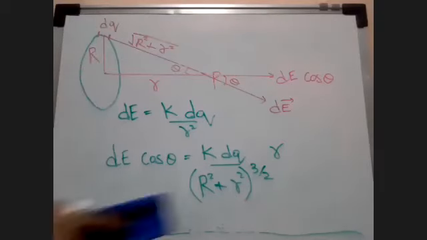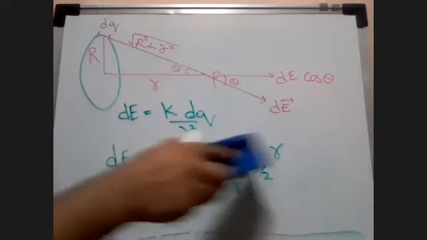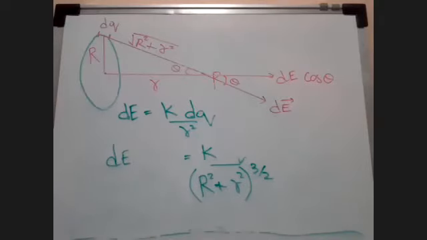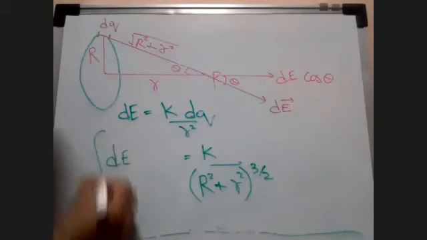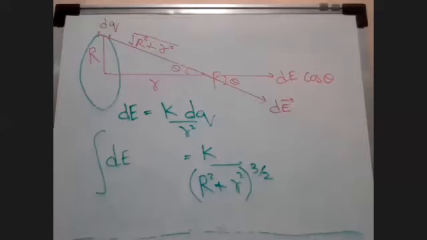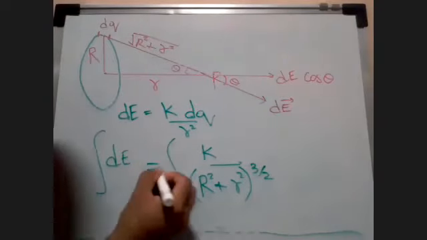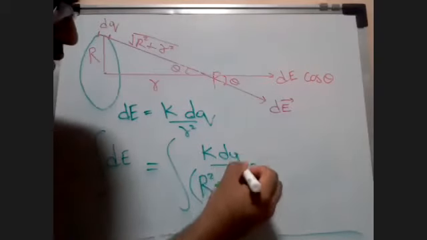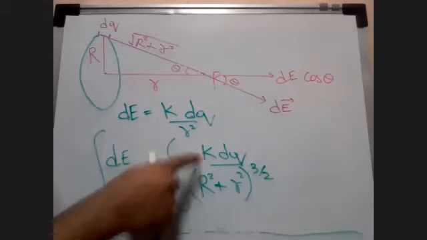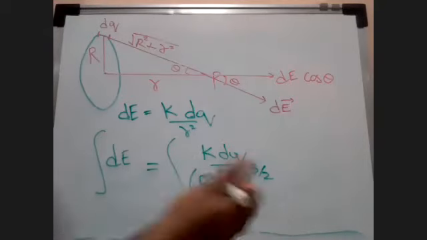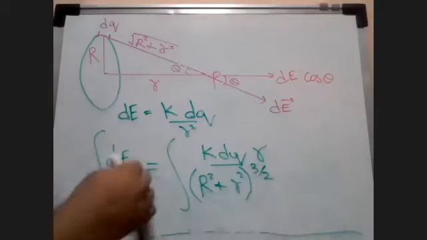Okay, I'm going to rub it off. So we need to simply integrate dE, and the integration will be of dq. Now considering the fact that k, capital R and small r are constants, we will take all of them out.